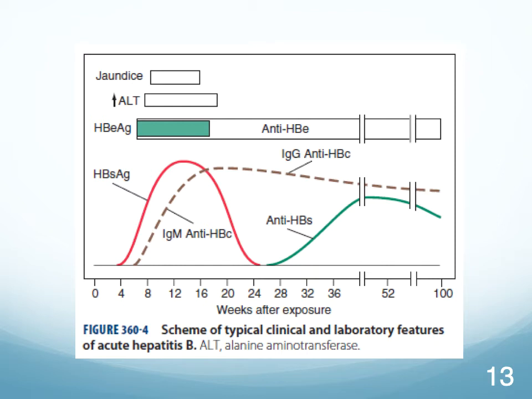So if you see patients with only anti-HBs positivity, then it did not come from HBs antigen, but rather from vaccination. But if you happen to see anti-HBe, anti-HB core, and anti-HBs, the antibody came from the natural infection.